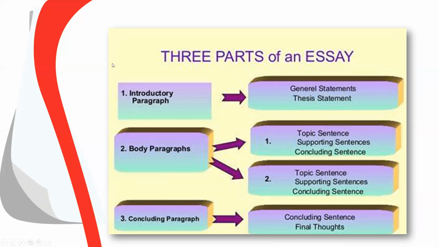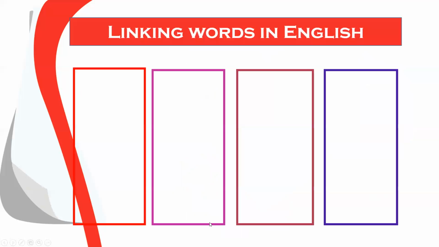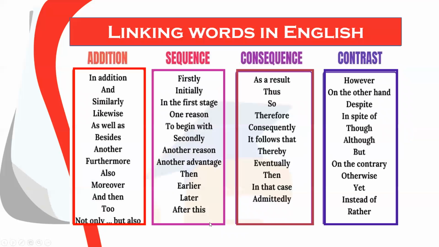You have the introductory paragraph, body paragraphs, and the concluding paragraph. And again, this chart has some linking words that express addition, sequence, consequence or result, and then contrast that can help you in your writing.